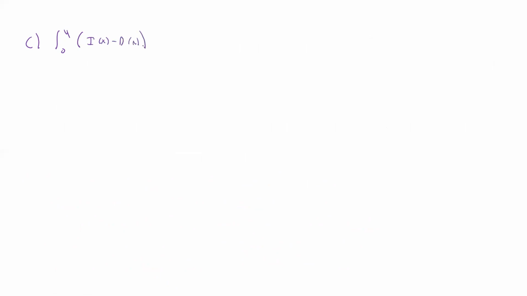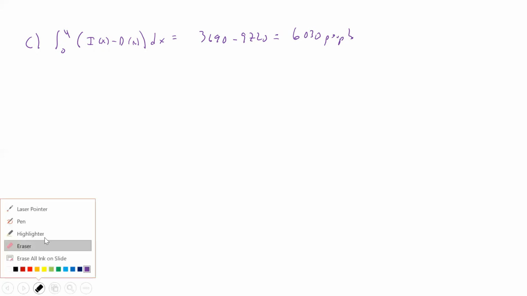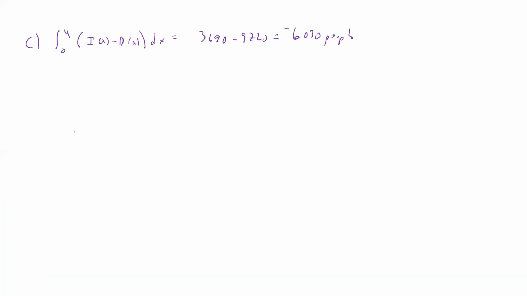So the increase minus the decrease. That's going to be our 3690 minus our 9720. If we subtract those, that's going to be 6030 people. Okay, so it's going down. Negative doesn't look so good there. That's going to be the decrease that overall happened in that population from January through April.